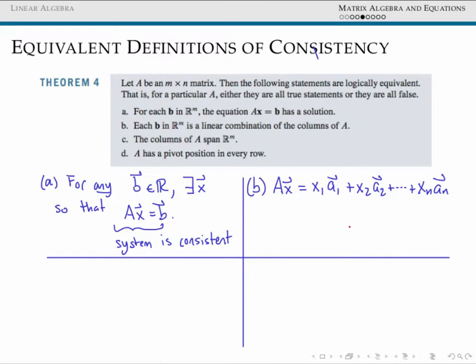Given an arbitrary vector b, if these two are equal, that's precisely the definition of b being inside the span of our column vectors a1, a2, up through an. So given this first definition, given that, fixing a b, we can find some x that satisfies that, we've precisely proved that if our system is consistent for every choice of b, b must be in the span of the column vectors of A.